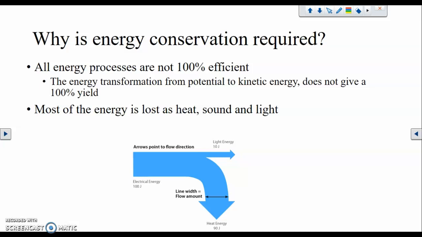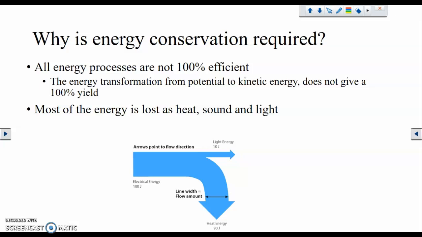When we drive our cars, we're transforming thermal energy into mechanical energy, and so on and so forth. Every time we do an energy transformation it is always going to be inefficient, but we can always improve on how efficient processes are.